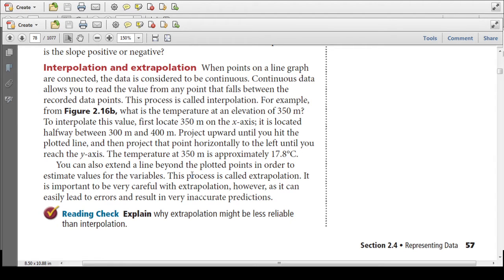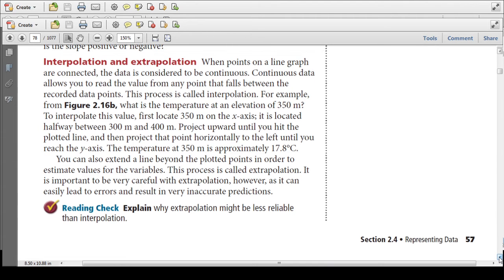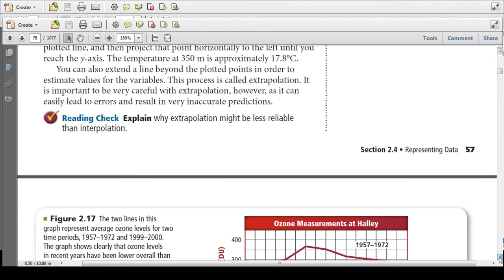You can also extend the line beyond the point in order to get an estimated value for the variables. This is called extrapolation. It is important to be very careful with extrapolation, however, as it can easily lead to errors and results that are not accurate. And again, why we say this is because these are not values which are measured. We're going to estimate beyond any sort of data that has been recorded.